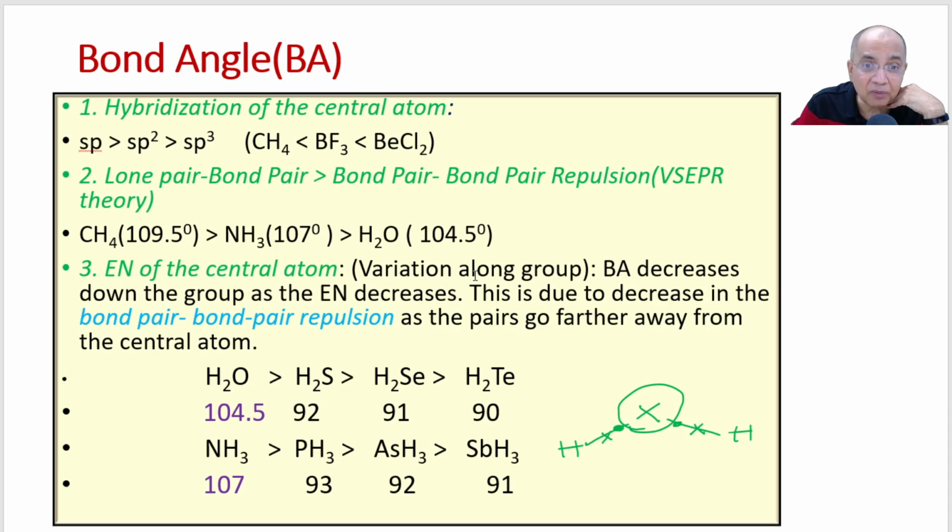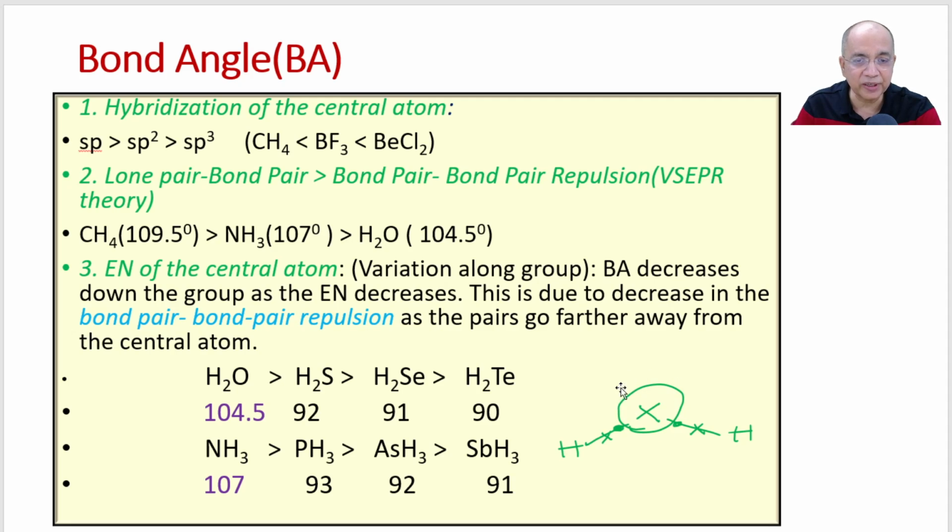The third factor which is important is the electronegativity of the central atom. If the central atom varies, while the ligands, the peripheral atoms, remain fixed, and the central atom goes on changing from one to the other in a group, then the electronegativity decreases.